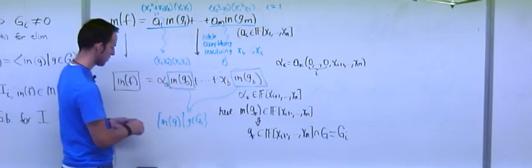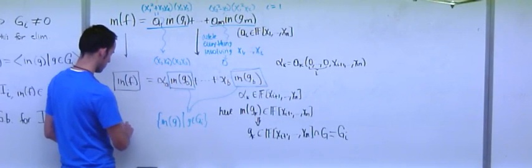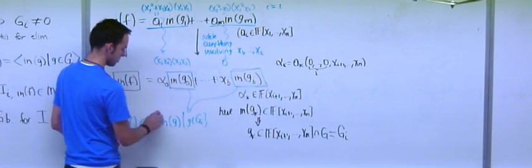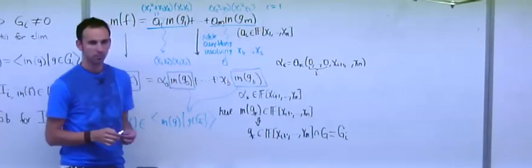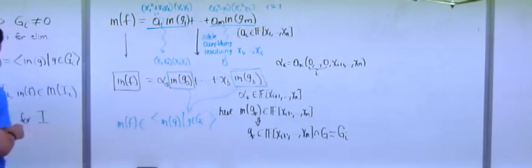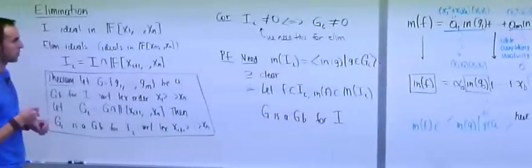And so what I just proved is that the initial term of f is generated by these guys. And this is exactly what I was looking to prove. So that's how it goes.